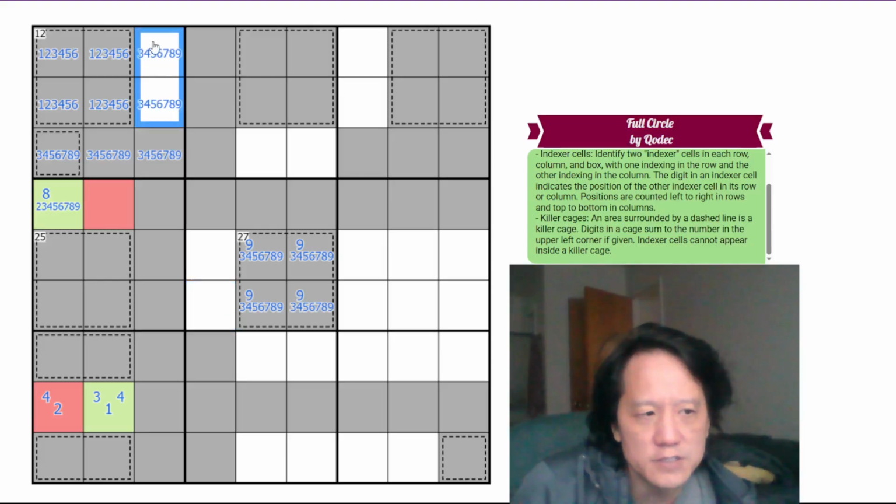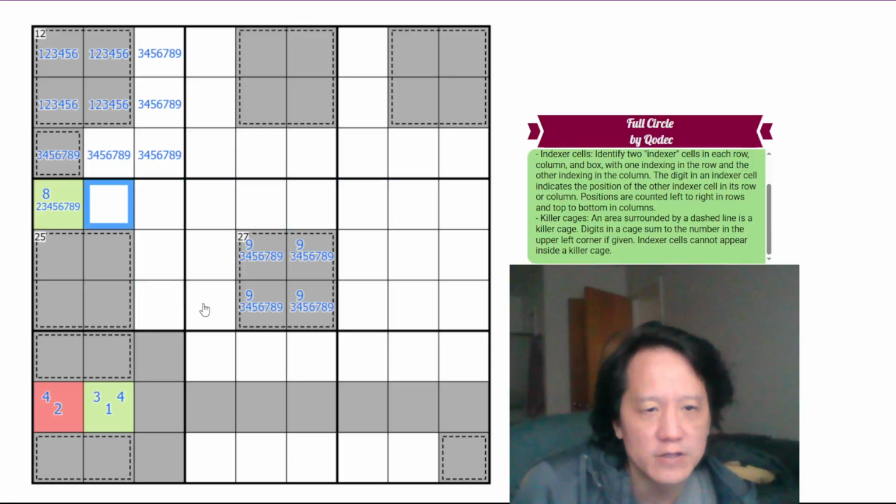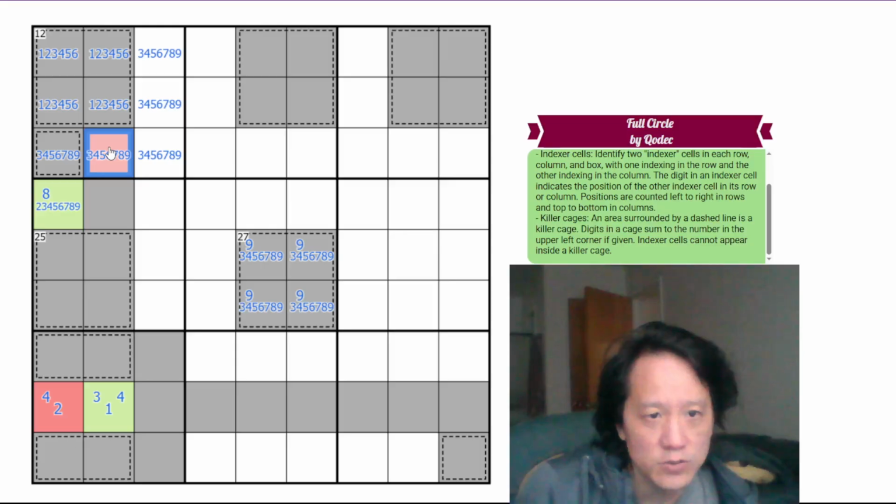So one of these is indexing a row. One indexes a row, the other indexes the column. If it indexes a column, it would have to be 1 and 2 in this scenario. So this is not valid because 1 and 2 is not available in box 1. So this is not valid, so this is not an indexer here, which forces this to be an indexer here. So if it's indexing the column, it would be 8. If it's indexing the row, it could be 3 through 9.